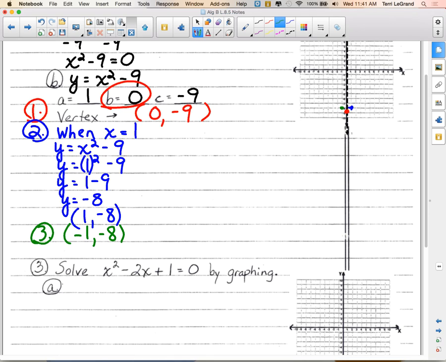Okay, now a fourth point. What do you want to choose? 2? Okay, so we'll go here and do our fourth point when x equals 2. So y equals x squared minus 9.